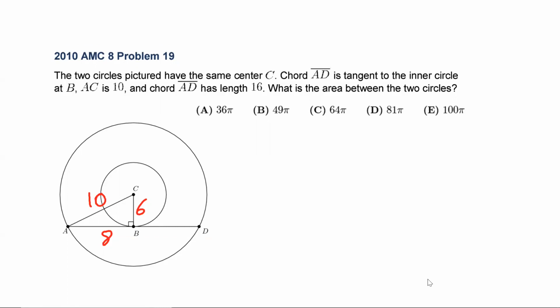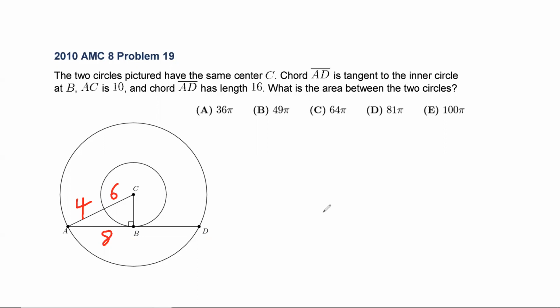And if BC is 6, 6 is the radius of the inner circle, then that means 10 minus 6 equals 4 is the outside distance. So if I redraw that, this length is 6 and this length is 4.